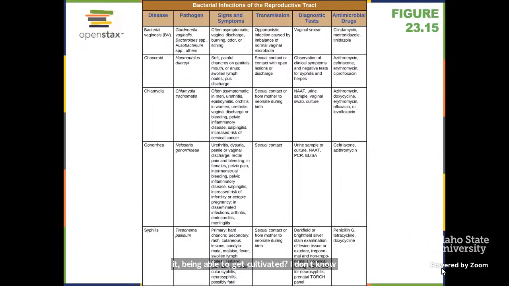Okay, so a quick list of some of these players. Bacterial vaginosis, those clue cells, like I said, the Gardnerella vaginalis, Bacteroides and Fusobacterium. These are opportunistic pathogens. So these are bacteria that you already have, and you have them in relatively low numbers, if you will.